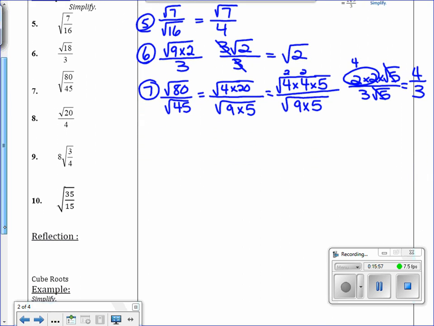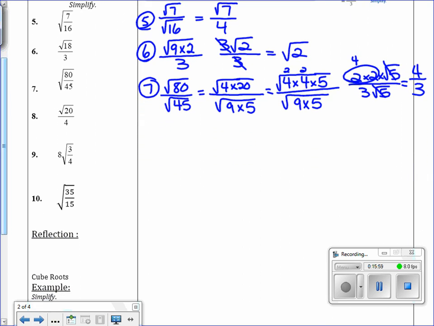For number 8, I have the square root of 20 over 4. Again, it's not that bad. Let's see. Square root of 20 is the square root of 5 times 4, or 4 times 5. Remember, commutative property says I can put it in any order. All over 4.